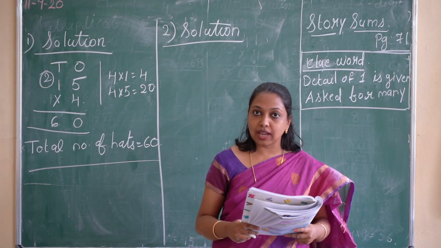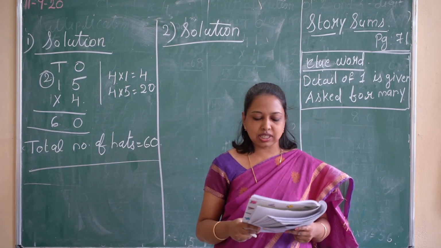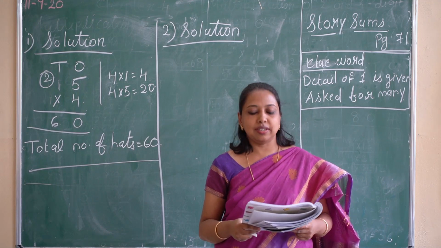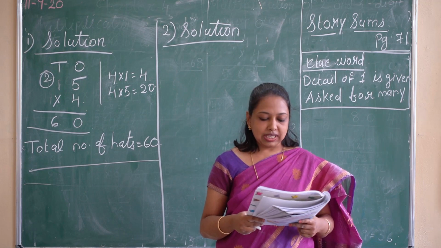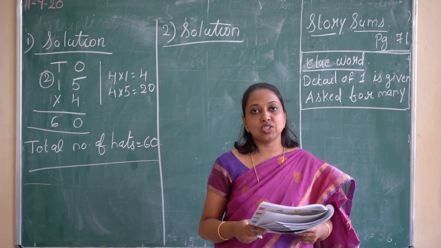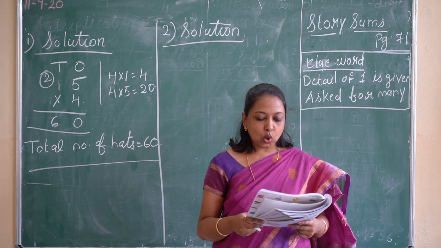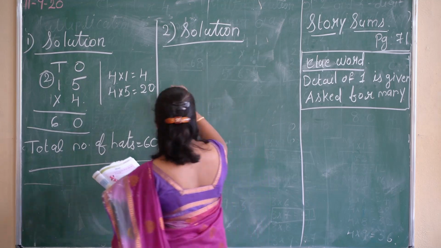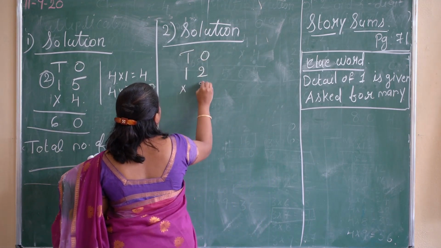Before that, you have to write statements. 2 numbers are given in the question, 12 and 2. So, what is 12? Number of children is equal to 12. And the number of ice creams 1 child has is equal to 2. And what you have to find? Total number of ice creams. Okay, so write the solution. 12 multiplied by 2.